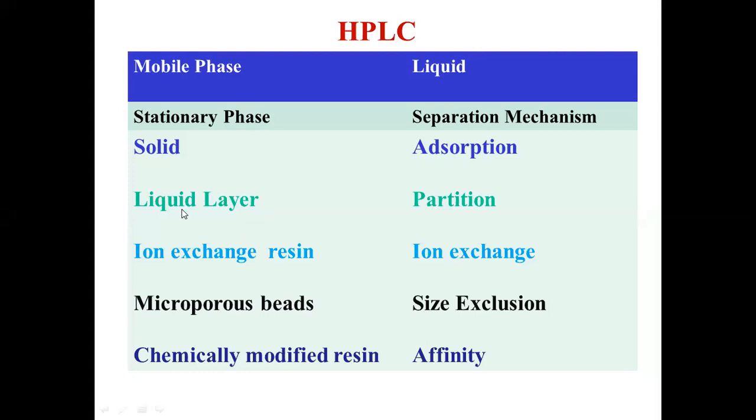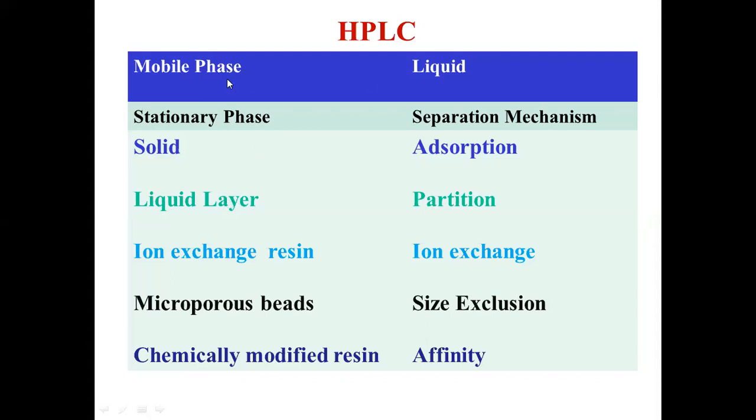Likewise, here also, if you use any liquid which is immobilized in the interstices of the solid, I can say on the exterior of the solid surface, that is going to function like a stationary phase.